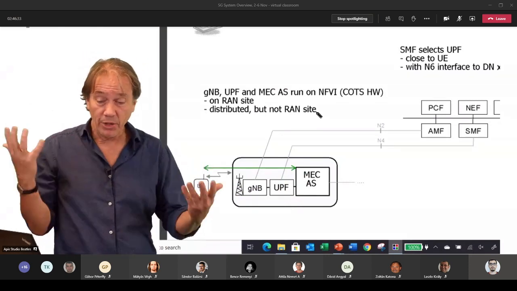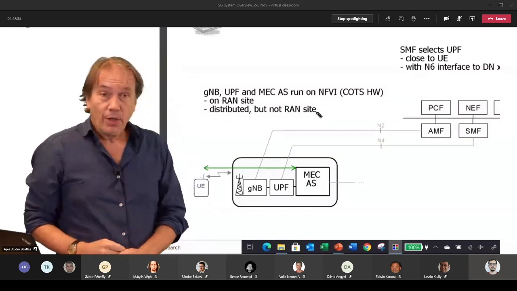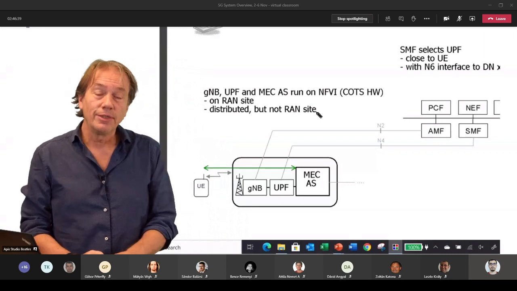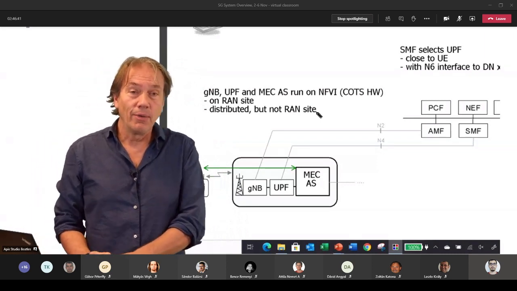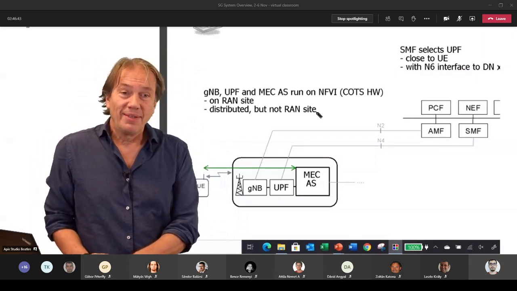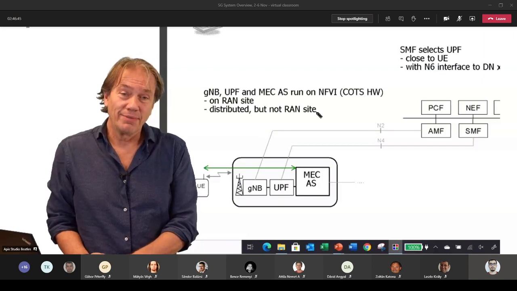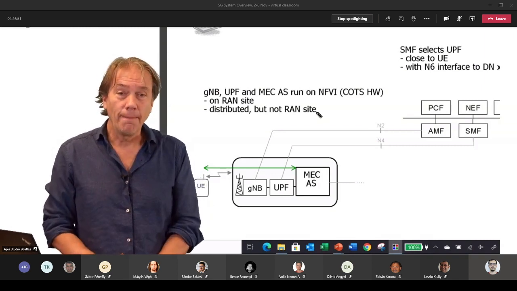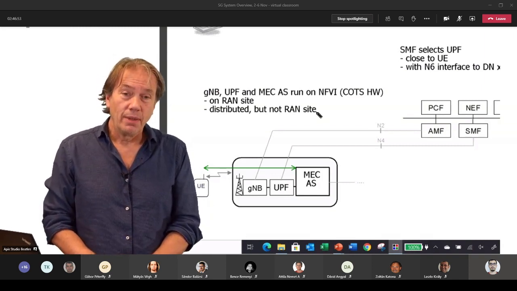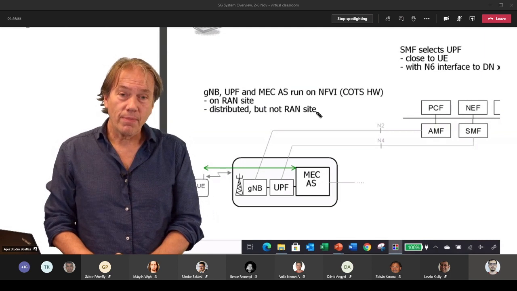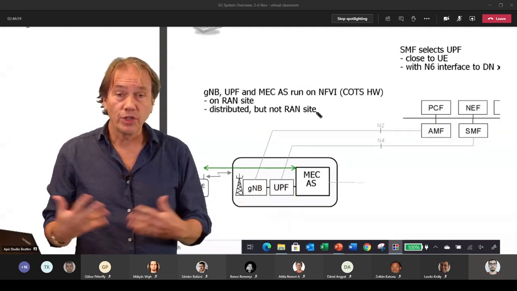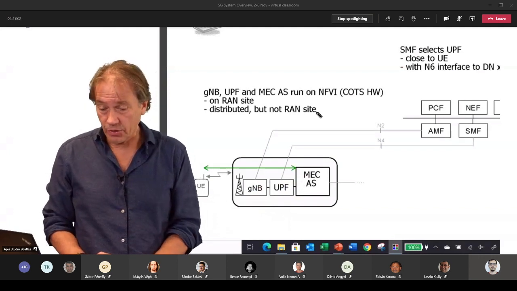And I don't know, maybe there will be clever artificial intelligence or machine learning or those kind of technologies used to manage, start and stop and move and scale these application servers.